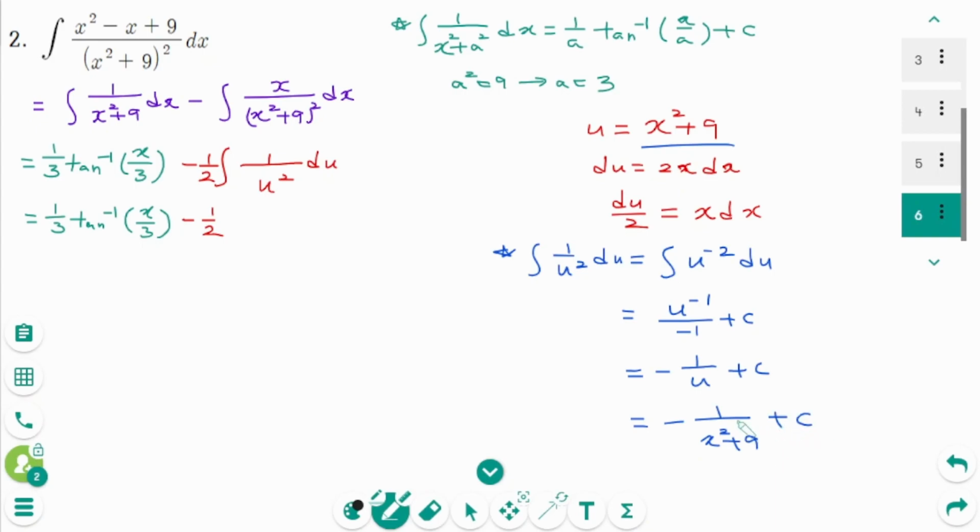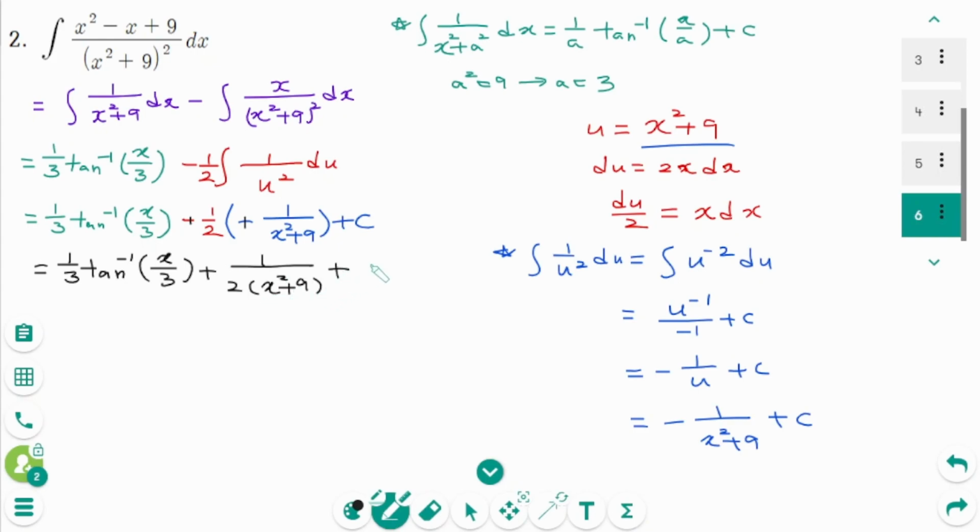Then back to the original, minus 1 over x squared plus 9 plus c. Then the final answer is 1 over 3 arctangent of x over 3, make positive, 1 over 2 times x squared plus 9, plus c.